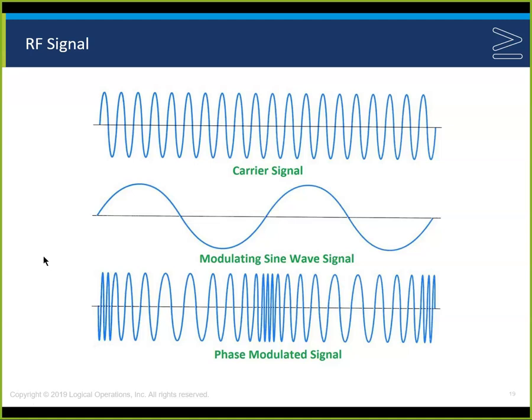The modulating signal is the data, the intelligence that we want to put on the carrier signal, and then the phase modulated signal is down there below. Phase is the starting and the ending points. It could be frequency modulation, amplitude modulation, or phase modulation. What we use in wireless is phase modulation, and phase is the starting and ending points of these things.